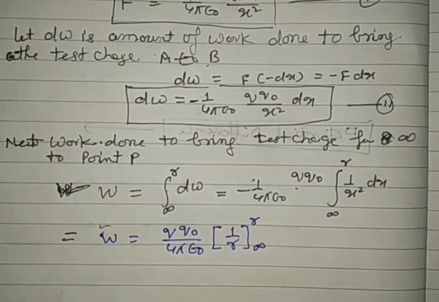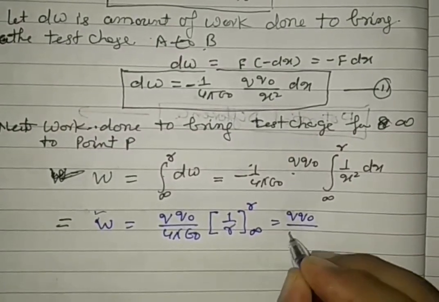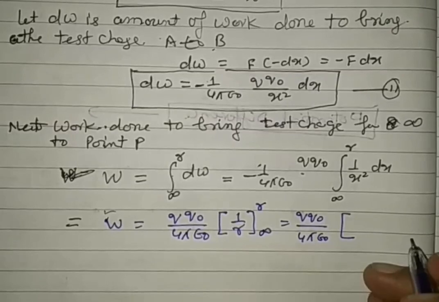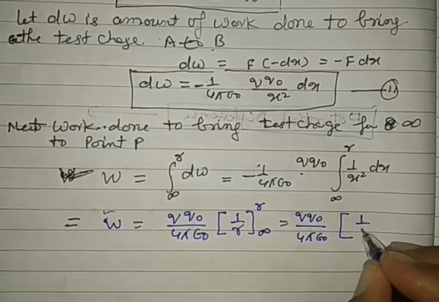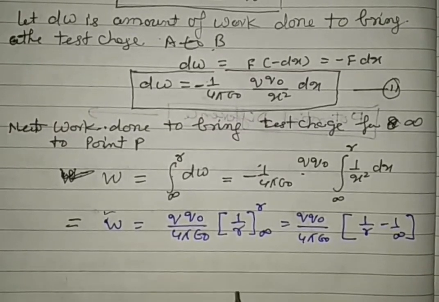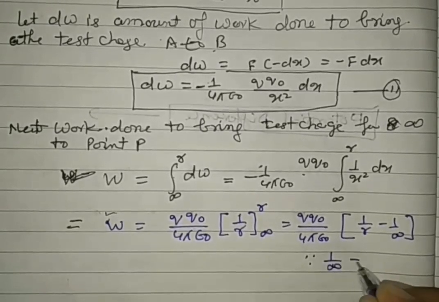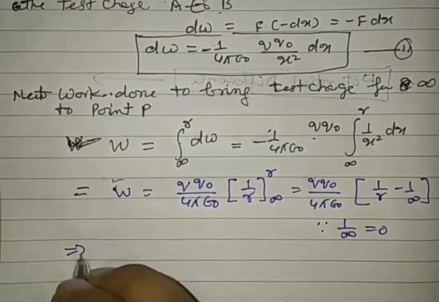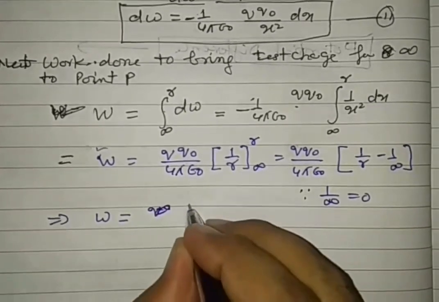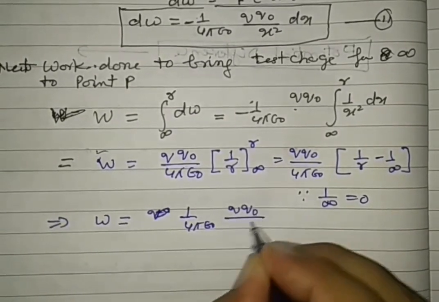Now putting this limit here, we may write Q Q0 by 4 pi epsilon 0 in a bracket, upper limit minus lower limit, right? Since 1 by infinity is 0, this implies that the amount of work done is 1 upon 4 pi epsilon 0 Q Q0 by r.